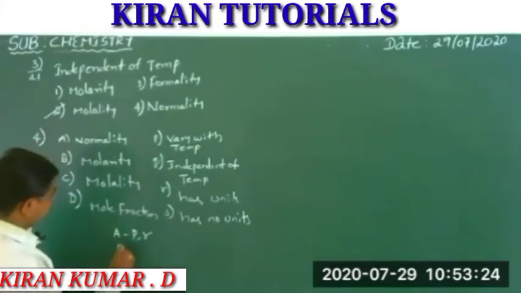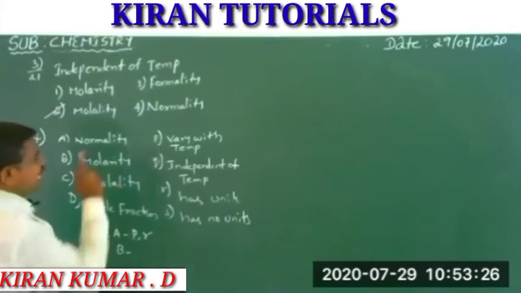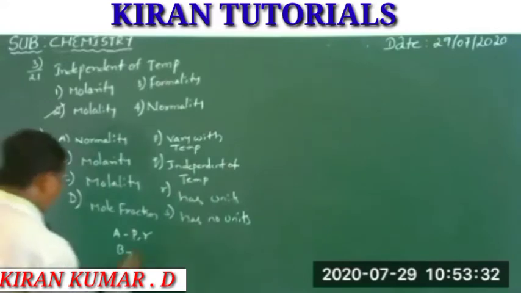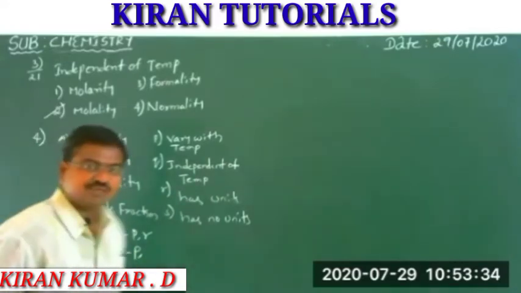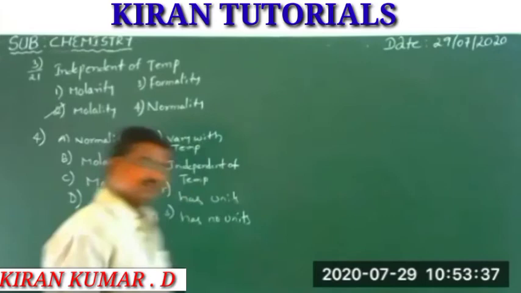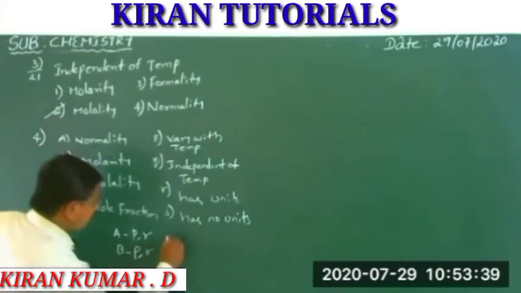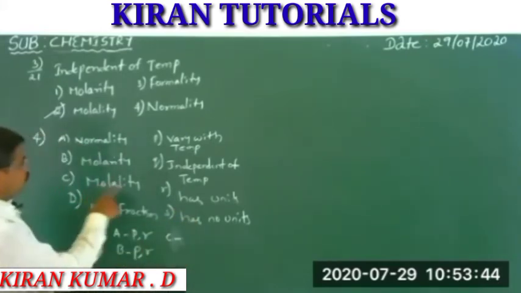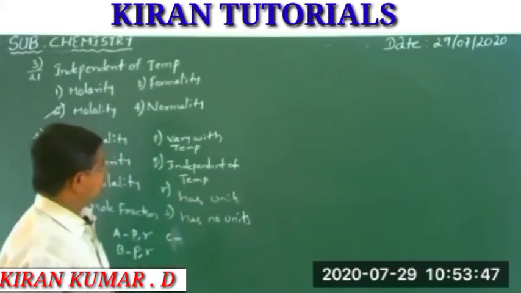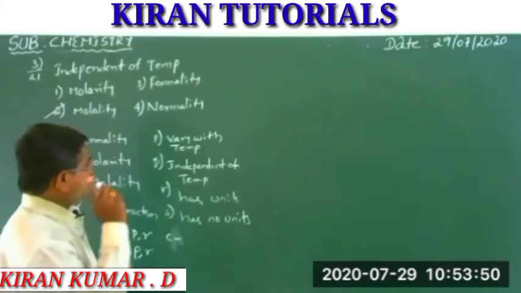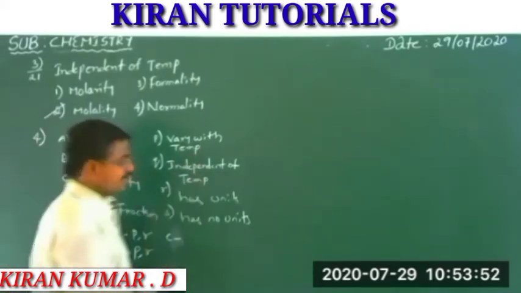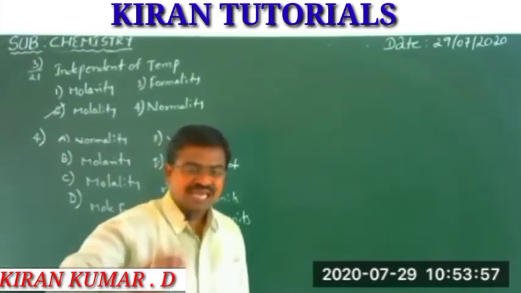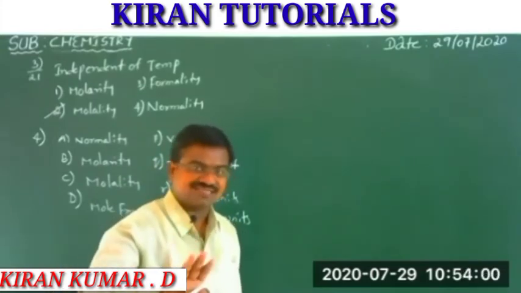If you go to B, molarity is also temperature dependent, P, and has units. What about C, molality? It is independent of temperature, Q, and molality has units.